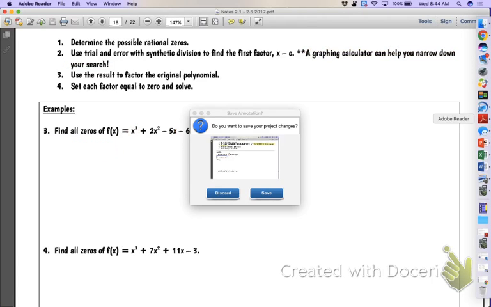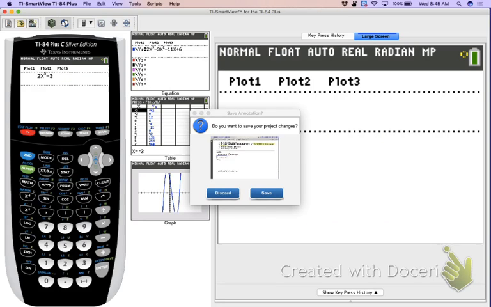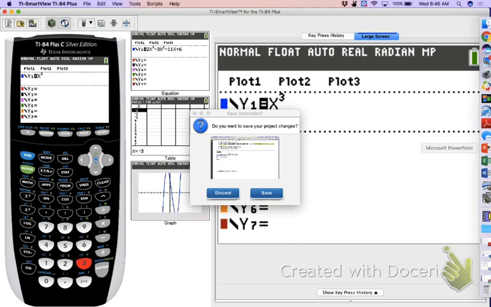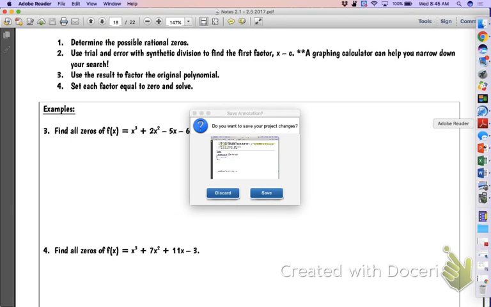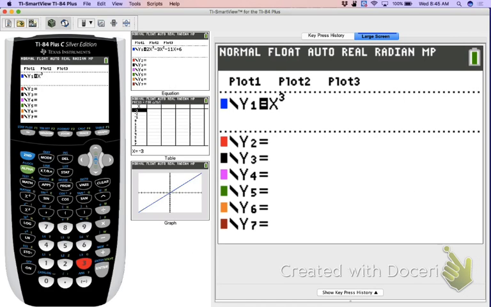So whenever we do this, we go to our graphing calculator, and we go to y equals, clear out whatever we had. We have x to the third plus 2x squared minus 5x minus 6.